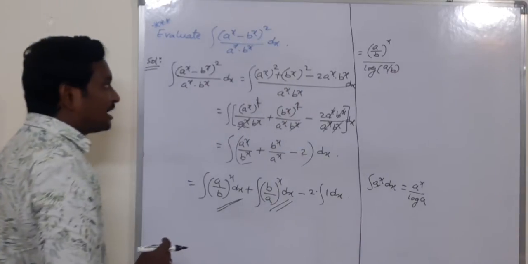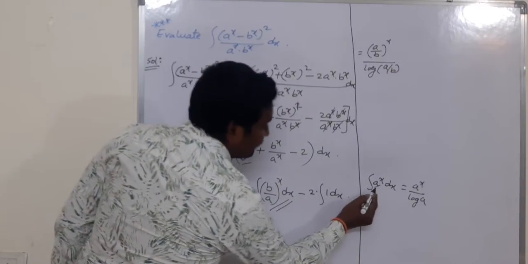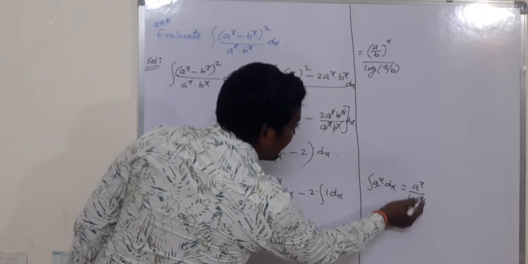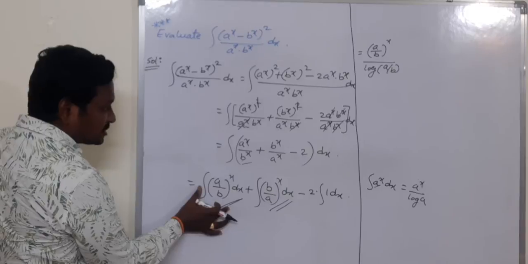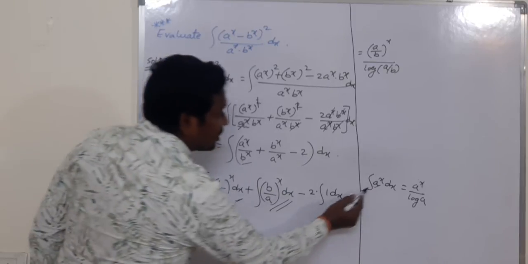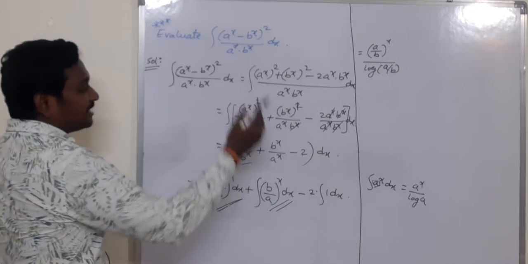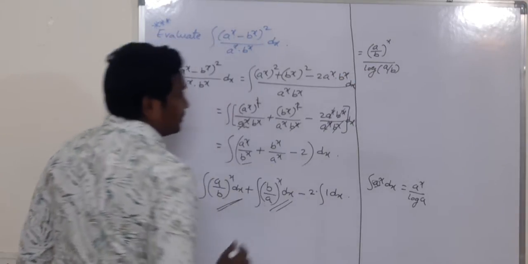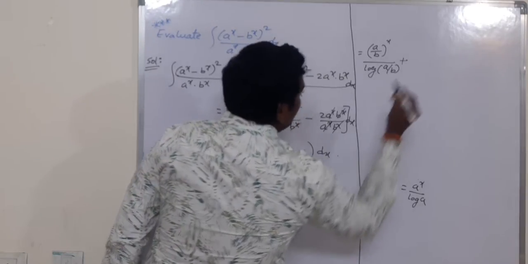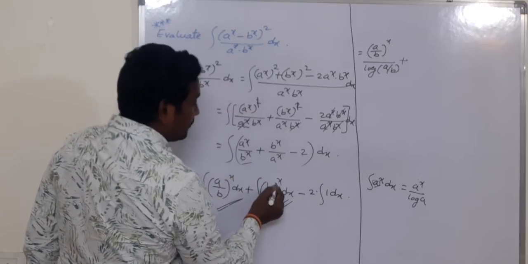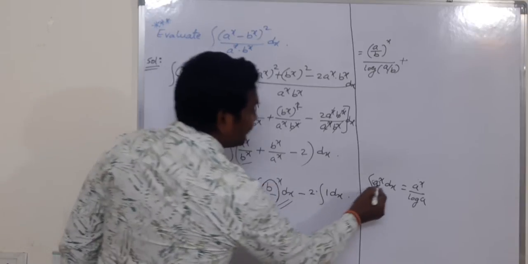Please try to understand the structure of the original formula. The integral of a^x dx is equal to a^x by log a. Compare this first part with this original formula. We have a by b instead of a. That's why you will get (a by b) whole power x by log of a by b plus, the second part is also in this form, but we have b by a instead of a.